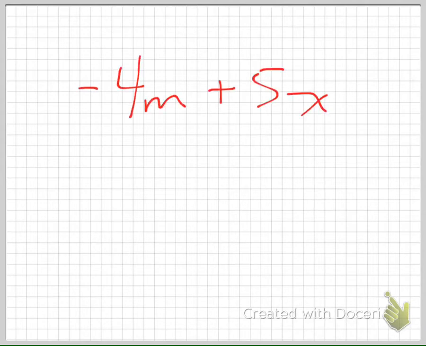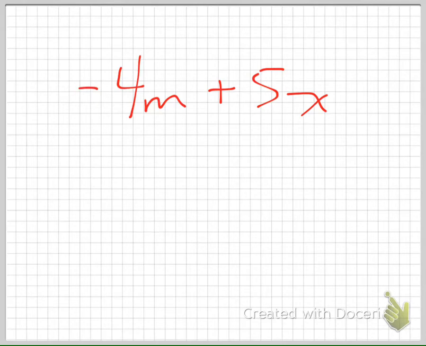There are questions on here, so here's the deal. I want you to tell me all the coefficients to this problem right now, Lauren. What are the coefficients? Negative 4 and 5. Those are the coefficients. The number in front of the variable is called the coefficient.